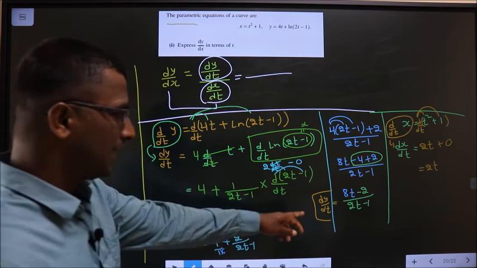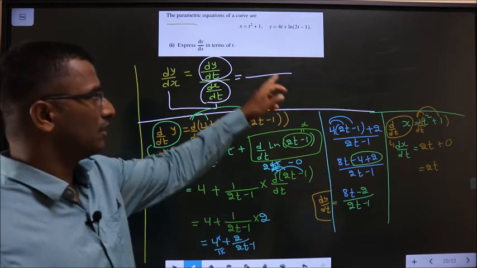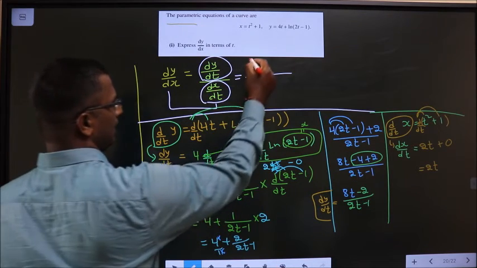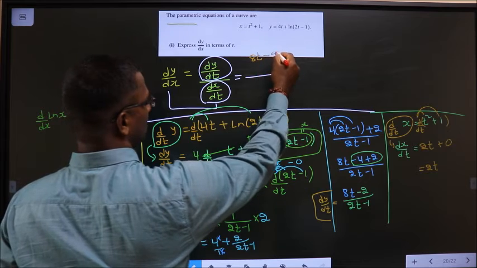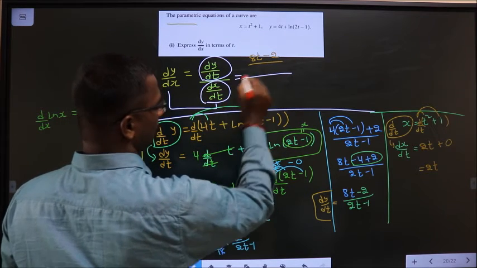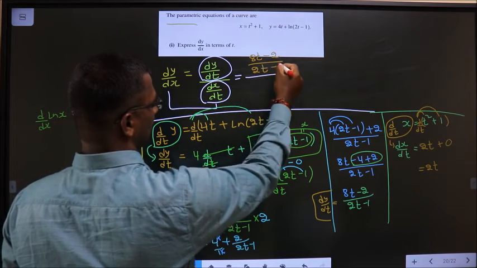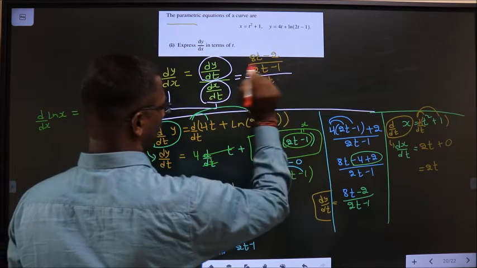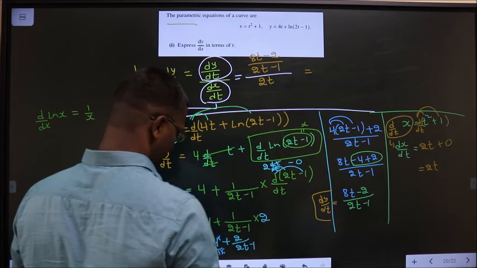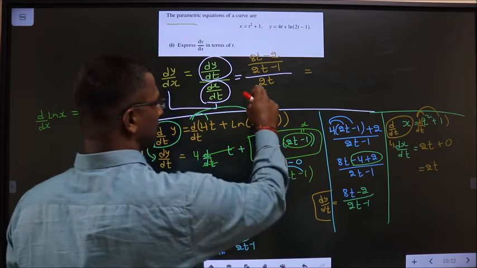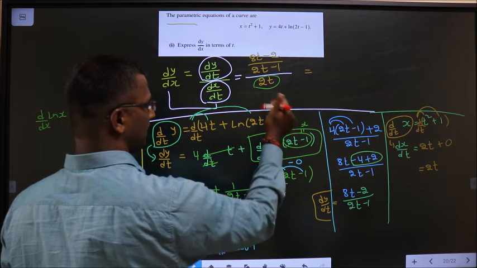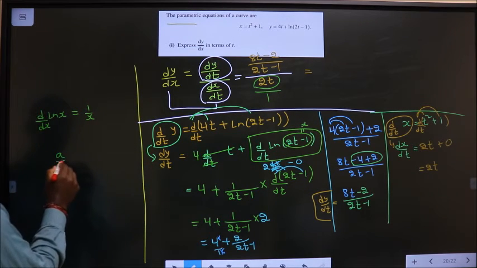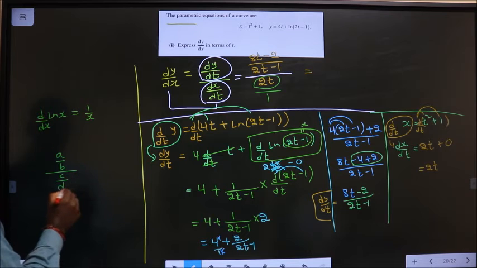Let us replace dy by dt and dx by dt over here. First, dy by dt is 8t minus 2 by 2t minus 1, and dx by dt is 2t. Now the question is, where will this 2t go? See, if you take it as 1, then it will be of the form a by b divided by c by d.